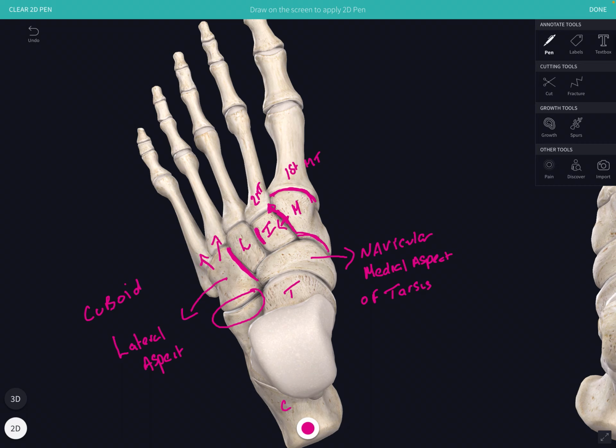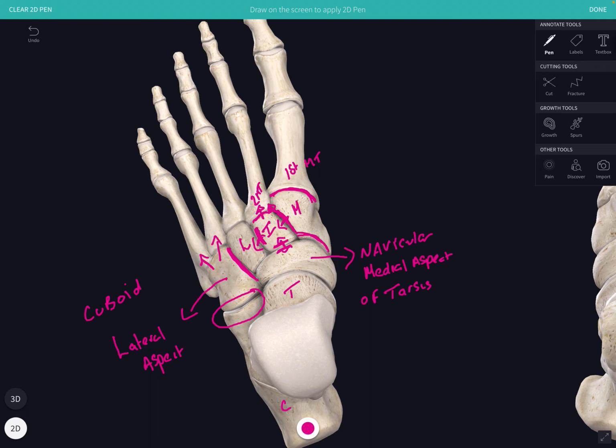So an articular surface here which is going to articulate with the lateral cuneiform bone. Posteriorly, there's an articular facet which is going to articulate with the navicular. So we're going to have an articular surface here to articulate with the navicular. And again, the anterior surface is going to have an articular surface to articulate with the second metatarsal.